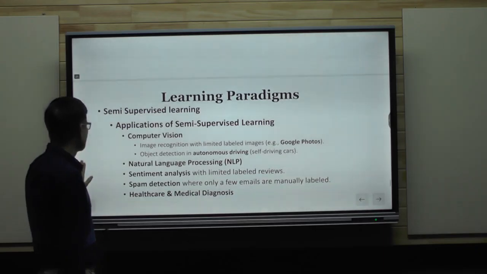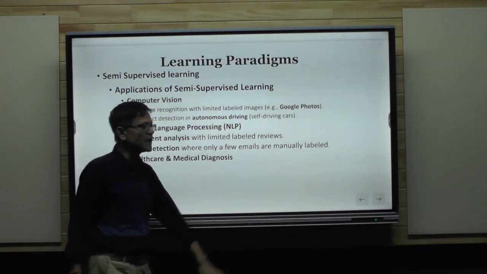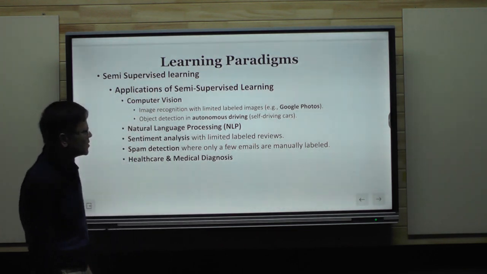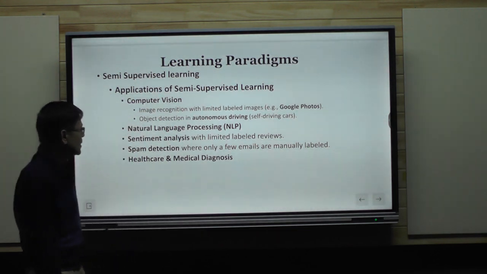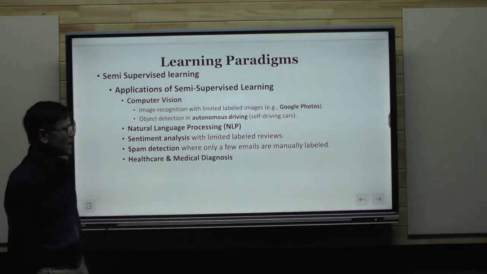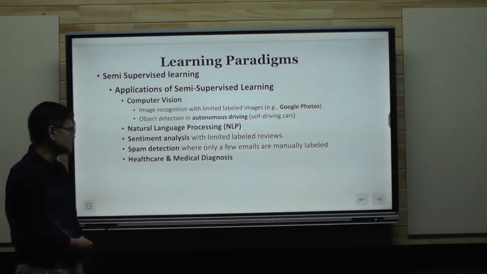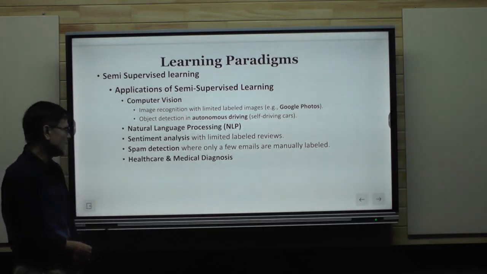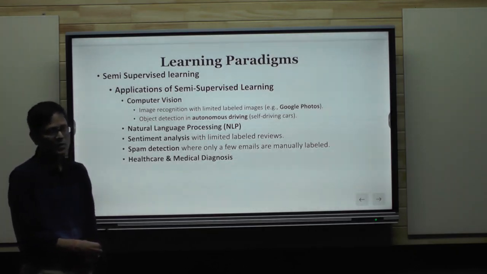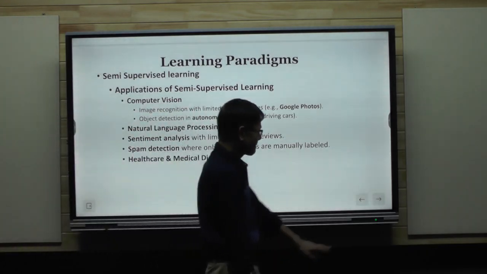Applications include computer vision, image detection with limited labeled images like Google Photos, object detection in autonomous driving, self-driving cars, natural language processing, sentiment analysis, spam detection, and healthcare and medical diagnosis. So these are the application areas.